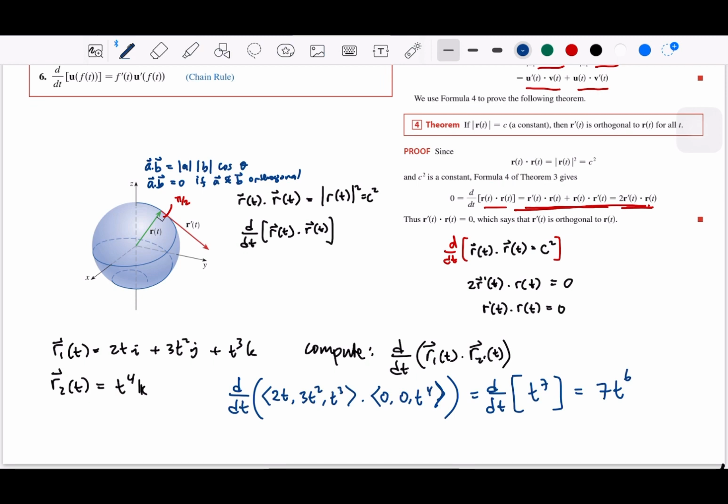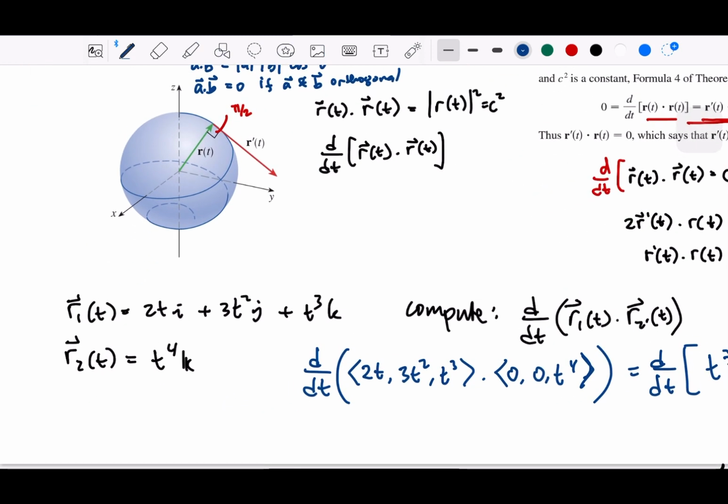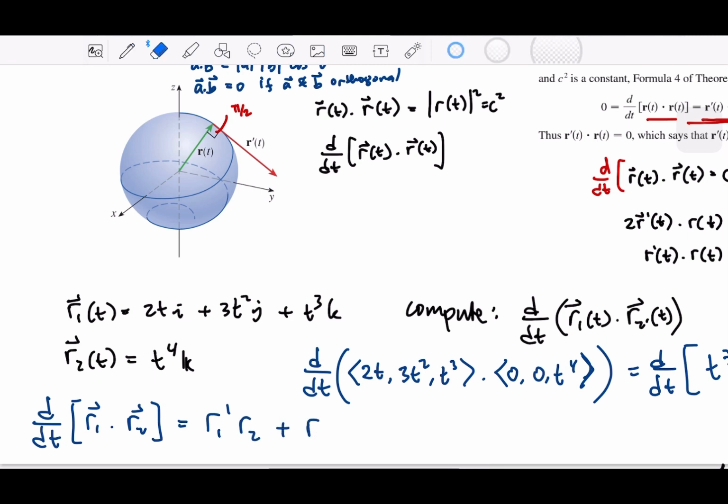Or we can derive each one of them, like in the formula. So let's say this is R1 dot R2. This can be R1 prime dot R2 plus R1 dot R2 prime.